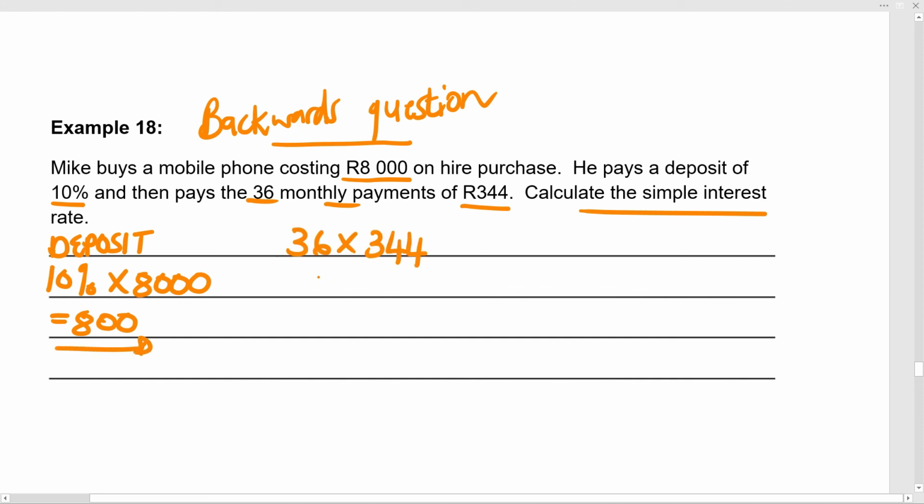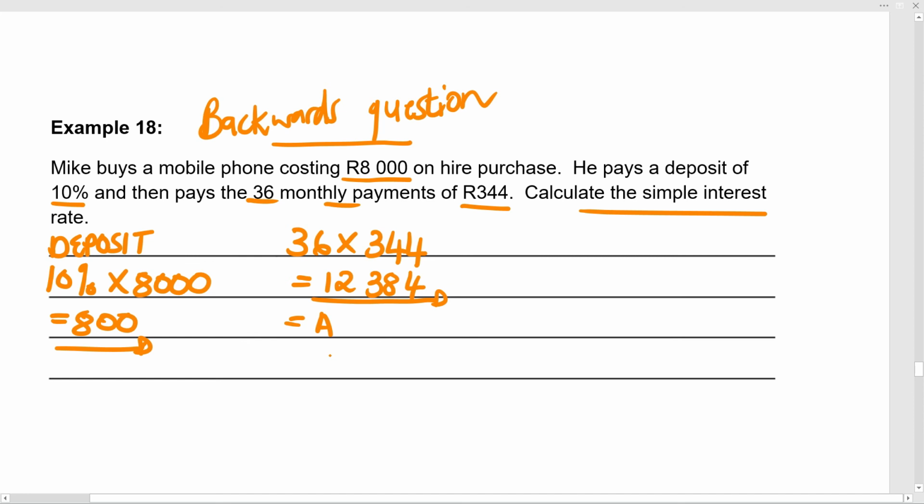36 times 344 is 12,384. So that's the amount of money that was actually the loan after it got paid off. This is the A value in our simple interest calculation.